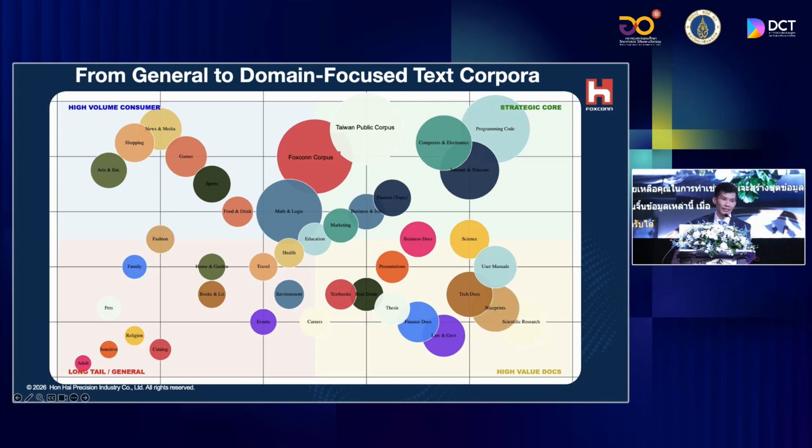And then we divide it from the strategic core, which is the most important for us, right? To the bottom layer, high-value documents like math, medical, or coding. A lot of high value depends on how you treat it. And then to the long-tail problem, the high volume. High volume is all kinds of other things that you want.